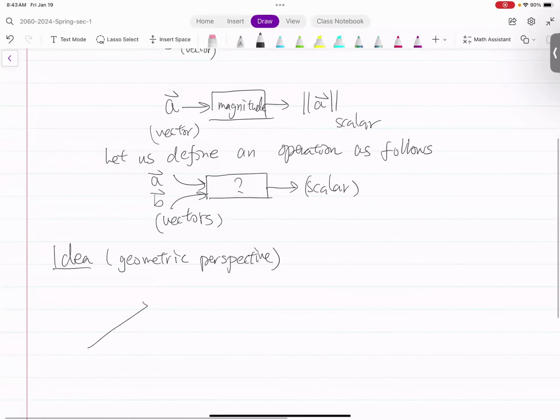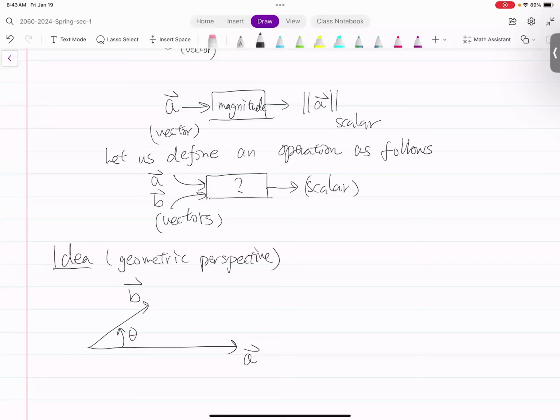We have two vectors, A and B. In general, they have distinct directions, so there's an angle cut between these two vectors. There's an angle theta right here.